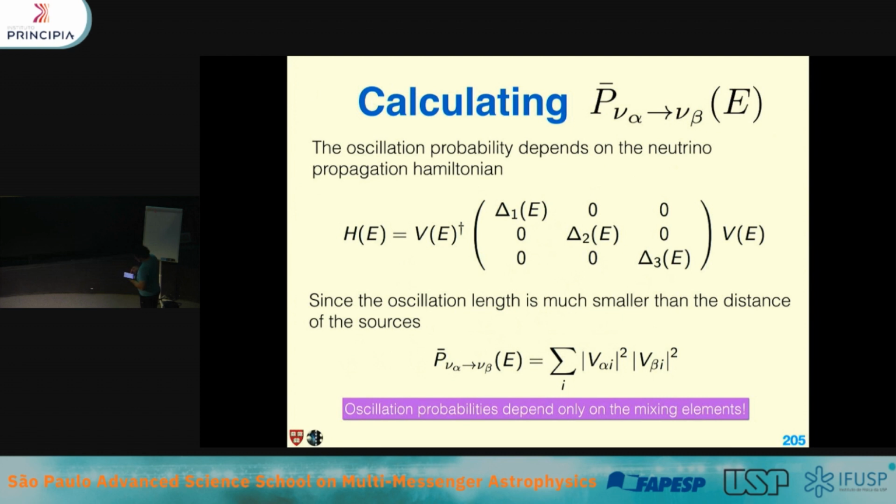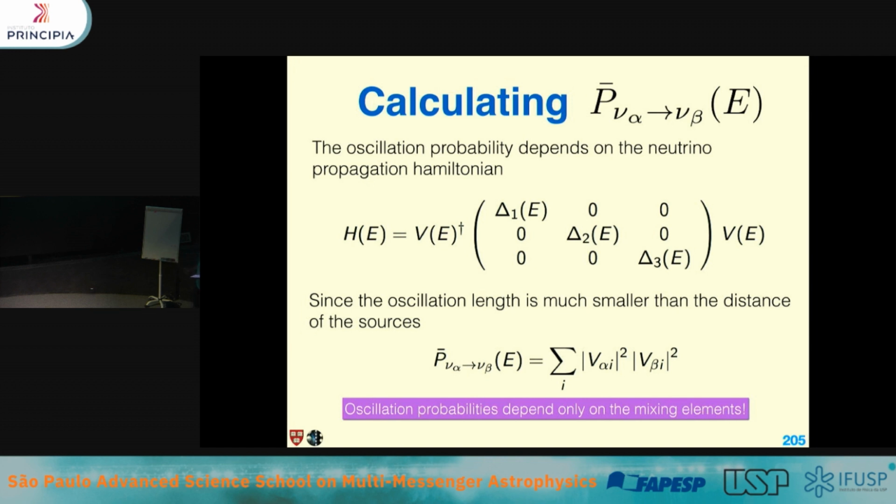So how do I compute the transition probability in an arbitrary configuration? What you have to do is take the Hamiltonian and diagonalize it; you can always do this. These are the eigenvalues of the Hamiltonian, and the differences between these eigenvalues tell you the oscillation length.